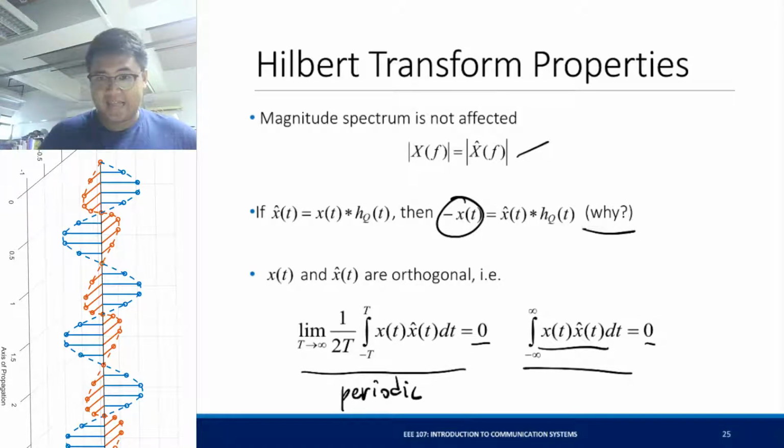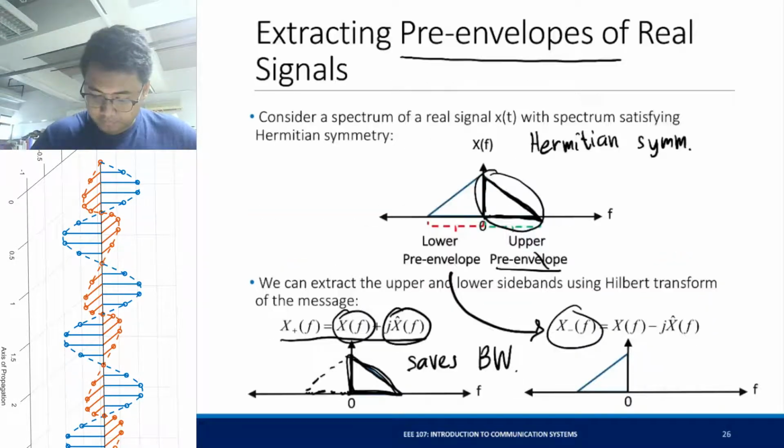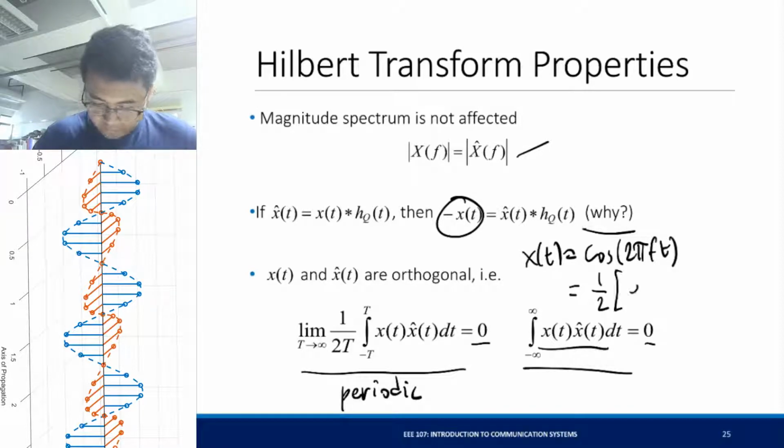Okay, the way that I can prove this to you is, why don't we try it on a cosine function, which is basically 1/2 of e to the j 2 pi ft plus e to the minus j 2 pi ft.